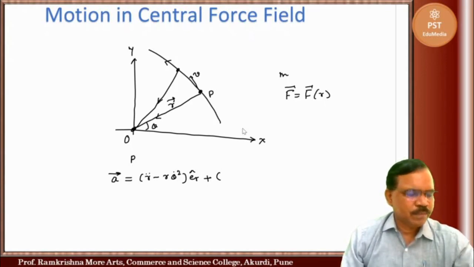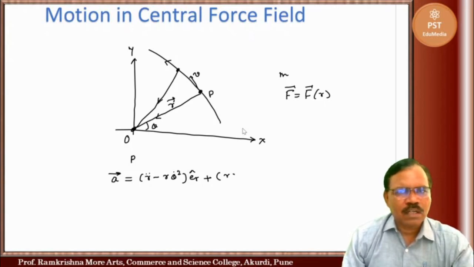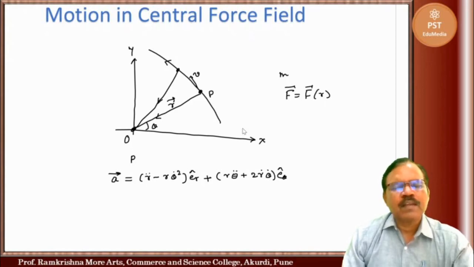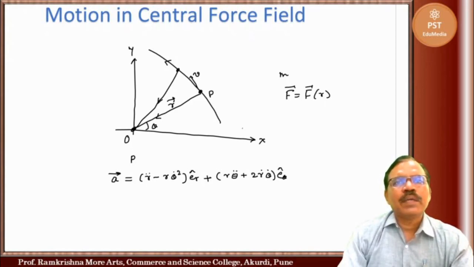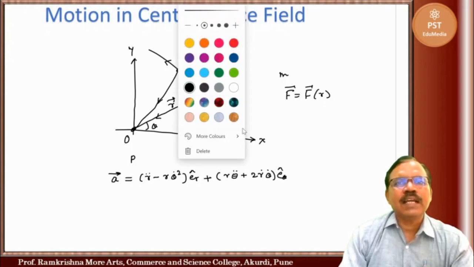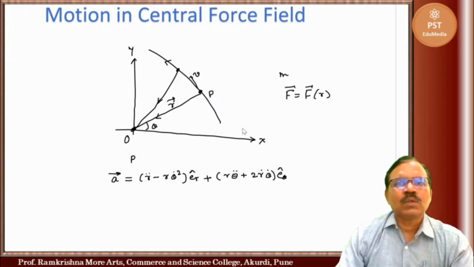The second part is r theta double dot plus 2 r dot theta dot into e_theta. This is the acceleration. Now what are e_r and e_theta? e_r is the unit vector along the change in r, and e_theta is the unit vector along the change in theta.